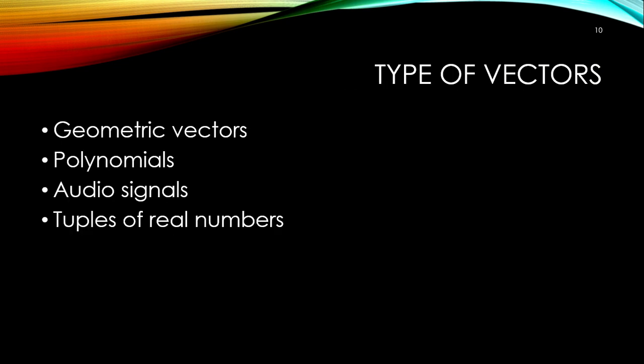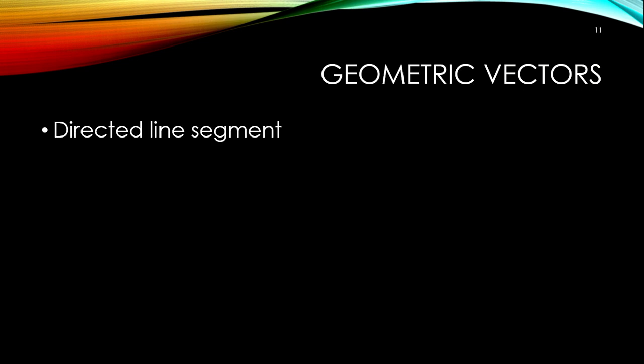These are the four kinds of vectors we are interested in, in the context of machine learning systems. The first one is geometric vectors. They are nothing but directed line segments. So I can say that this is a vector.